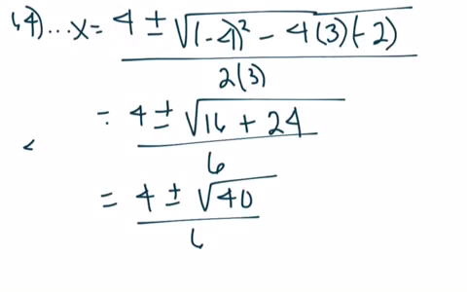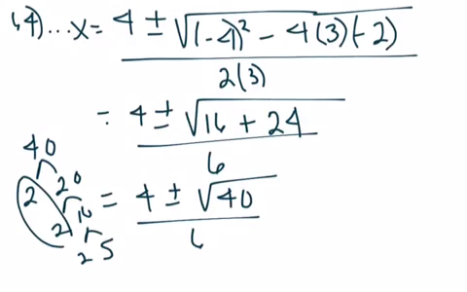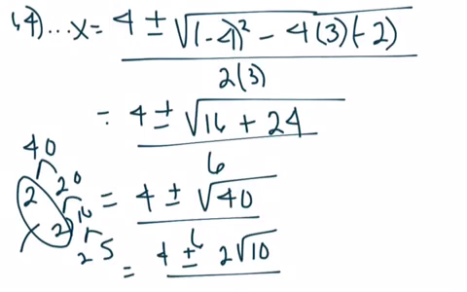And if you do the factoring on 40, that's 2 times 20, which is 2 times 10, which is 2 times 5. For every 2, we're going to take out 1. So that would be 4 plus or minus 2 times the square root of 10 all over 6. And as we discussed earlier in the lesson, if the 4, the 2, and the 6 will all reduce by the same thing, we need to reduce.